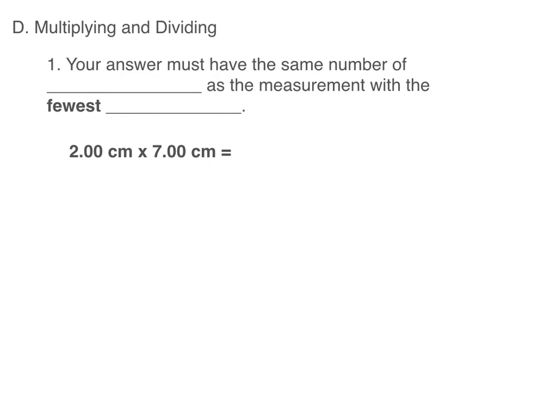Alright, so what about multiplying and dividing? Well, this is where the significant figures come in handy. So your answer must have the same number of significant figures as the measurement with the fewest significant figures. So if we're adding and subtracting, we just cared about decimal places.